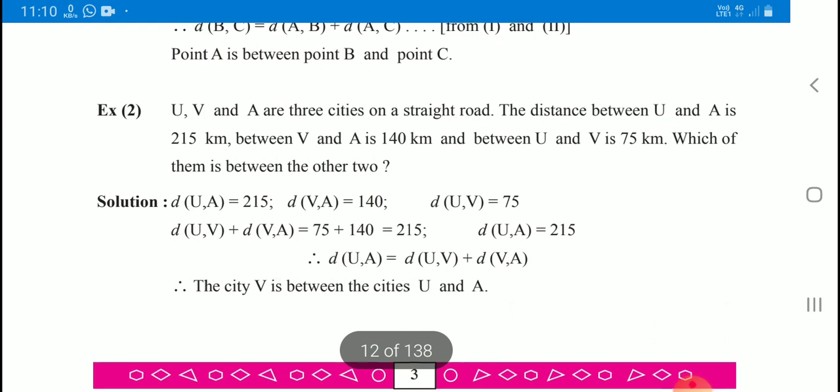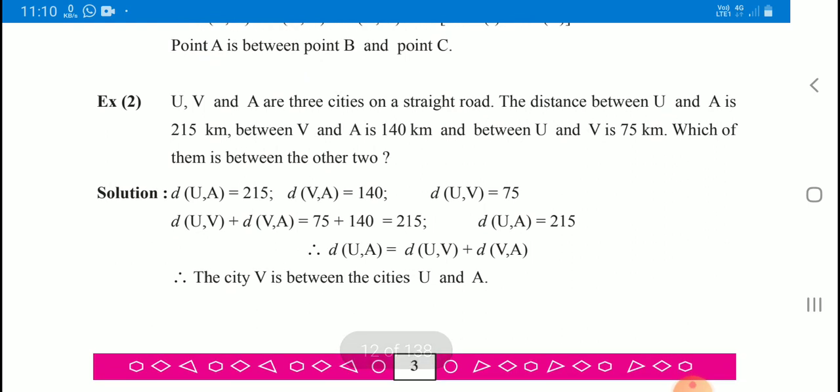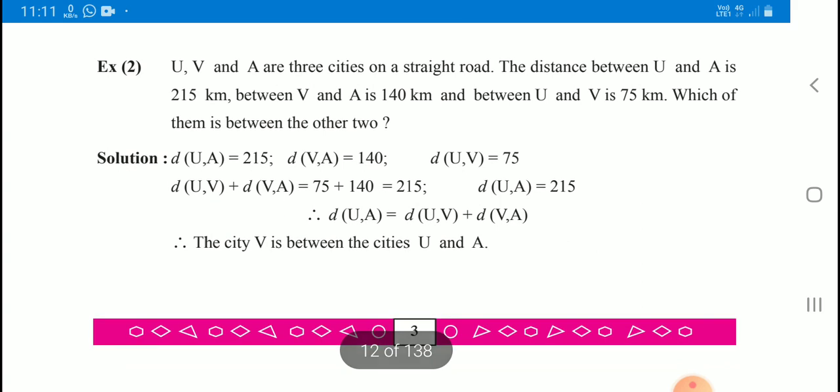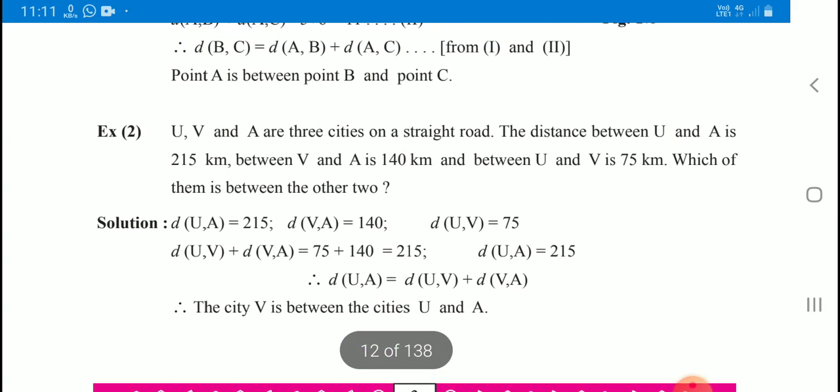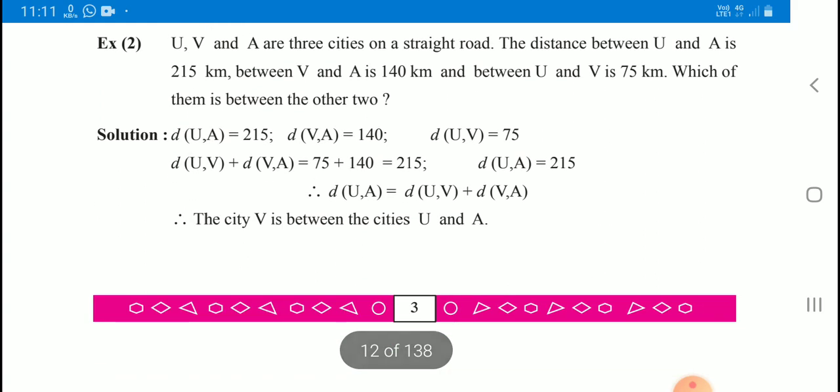We will add the smaller two distances, then you will get 215, and the distance between U and A is also 215. So you can write that the distance between the cities U and A is equal to the distance between the cities U and V plus the distance between the cities V and A. Therefore, here if you see, V occurs two times. So the city V is in between the cities U and A.